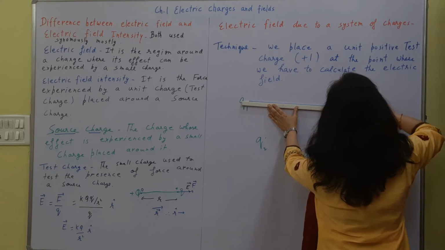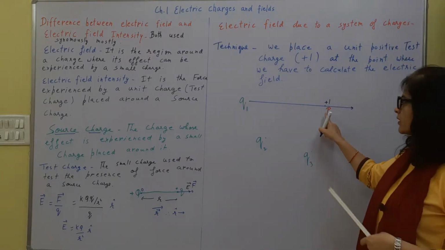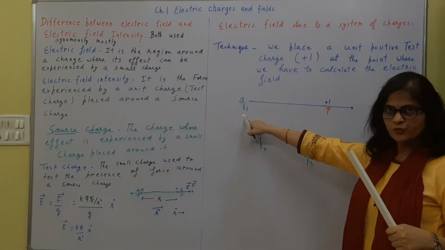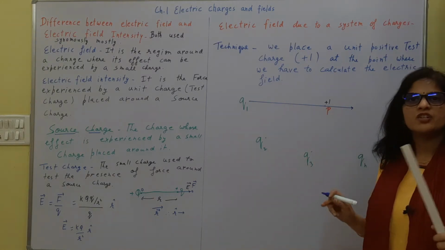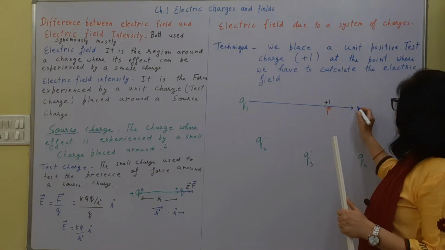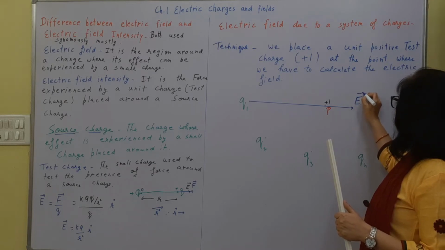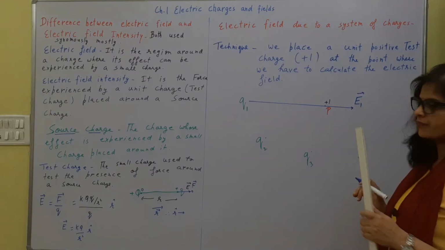This will be repulsive. So this will be the direction of force on this plus 1 charge due to this Q1 charge. So the same will be the direction of the electric field at this point P. So I can write that this is the direction of electric field due to the first charge.